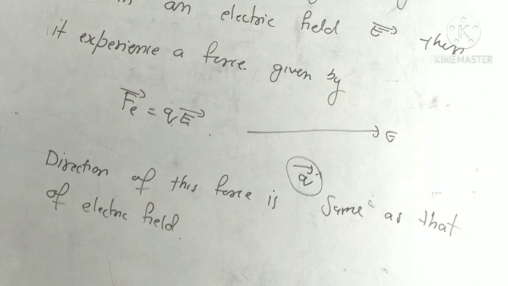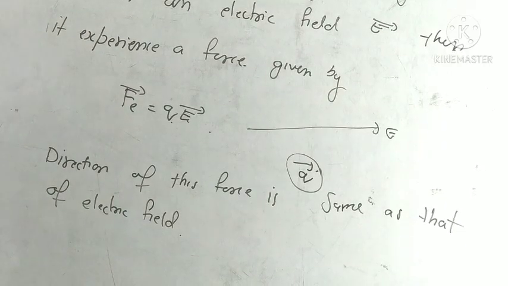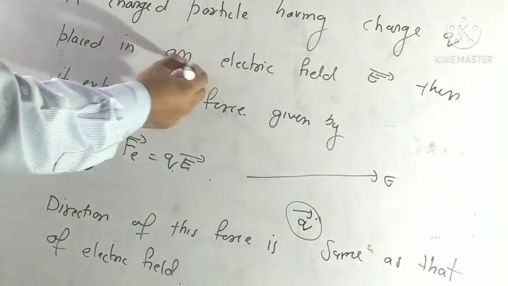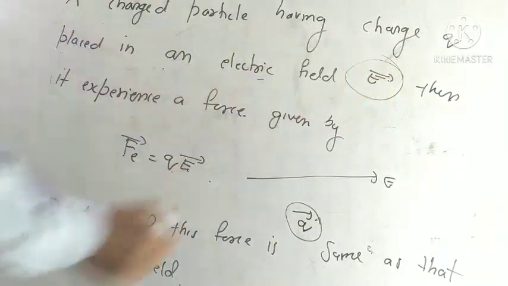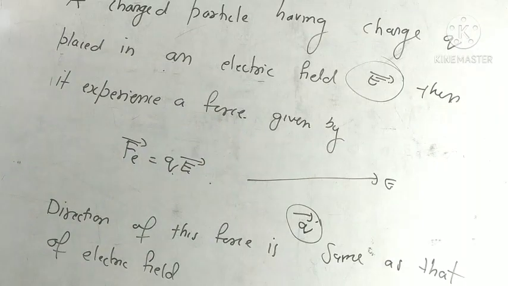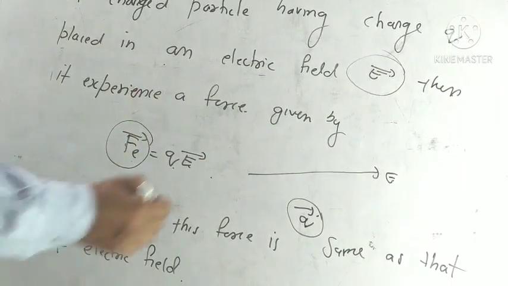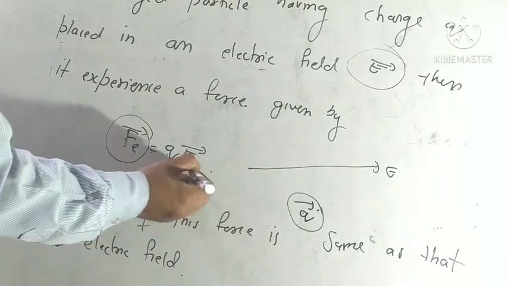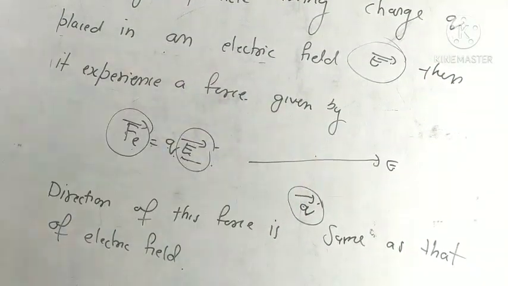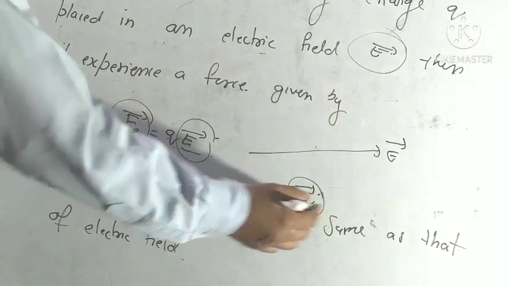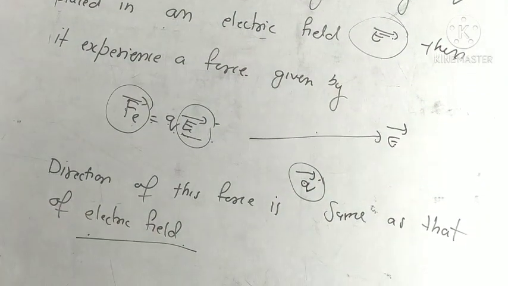So here a charged particle having charge q placed in an electric field E experiences a force given by Fe, the electric force on this charged particle, equal to qE, where E is the electric field. And the direction of this force is the same as that of the electric field.